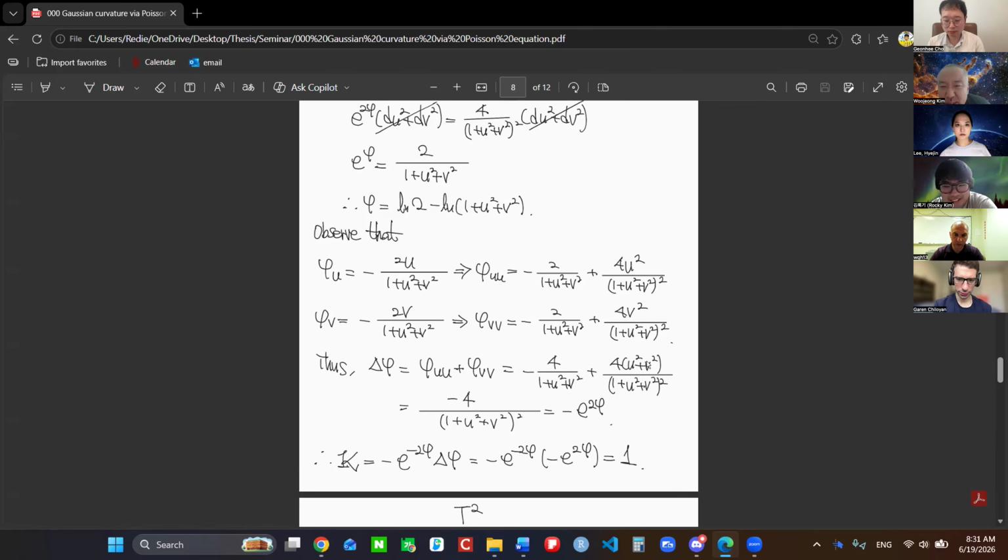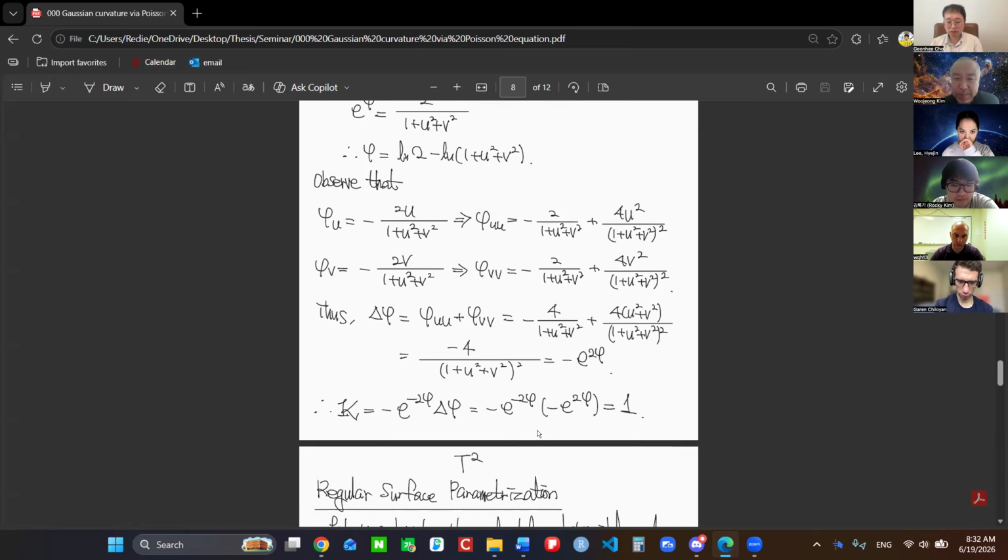So you can just do u squared plus v squared, but the denominator was squared, right? So yes, you can make the common denominator. So for this one squared and this squared, yeah. So you're going to get this value. Or you can just add 1 minus 1.